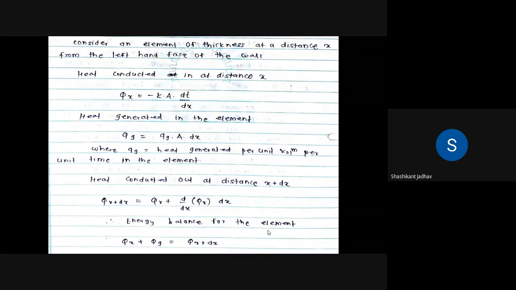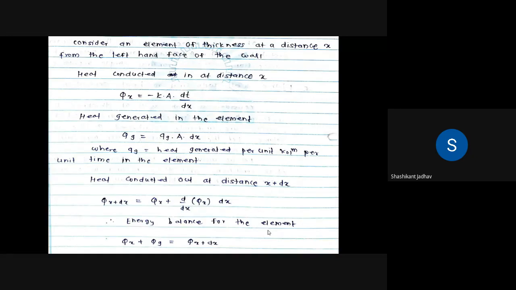Then we have to write the equation for how much heat is conducted out at a distance x plus dx. So write down heat conducted out at a distance x plus dx, and the equation for that, qx plus dx.